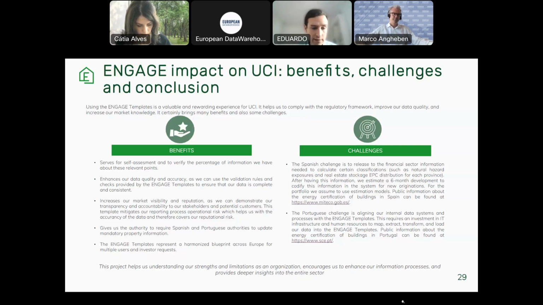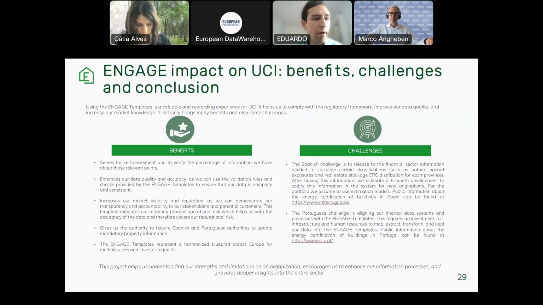And finally, I would like to say that the Engage templates represent a harmonized blueprint across Europe for multiple users and investor requests. Among the challenges we have highlighted, besides the continuous challenge of speeding up and getting all this information for ourselves, on the Spanish side of our business the main challenge would be to pressure the public authorities to start issuing more information.